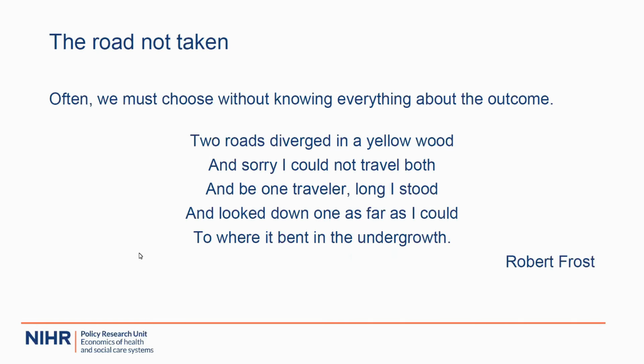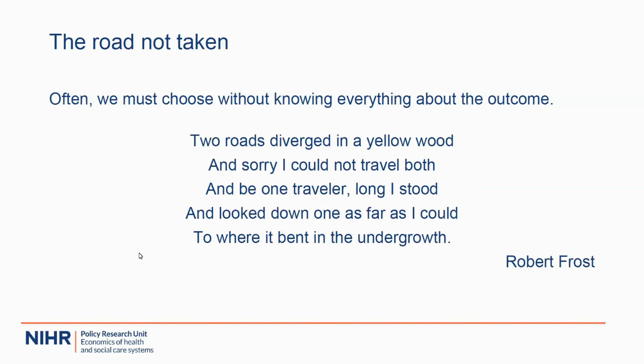And that's really brought to life by this stanza of a poem by Robert Frost. And it says a few things, but what really strikes me about it and how it relates to how we use econometrics and have to make decisions is this idea that we are looking down 2 paths. We can see to a certain distance down both of those paths, but the protagonist is understanding that they must ultimately pick one of them without knowing everything that's going to happen, and also without knowing what would have happened if they had gone down the other road instead.